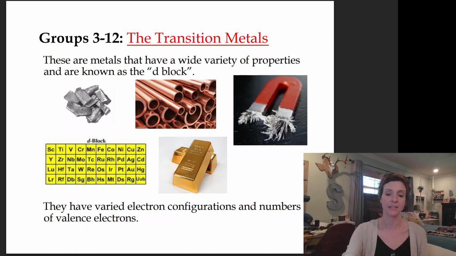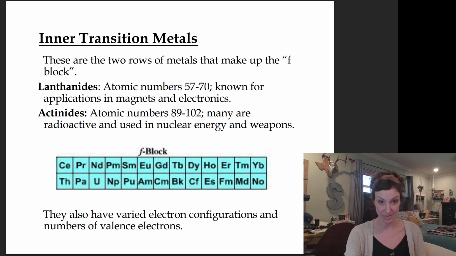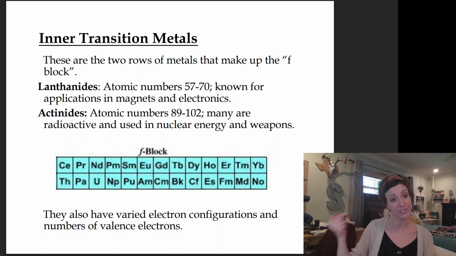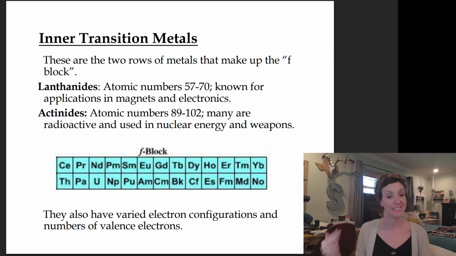Now on to the f block of the periodic table. These are what is known as my inner transition metals. The 2 rows that make up the f block are, the first row is the lanthanides, which starts with the element lanthanum, and the second row is the actinides, which starts with the element actinium.